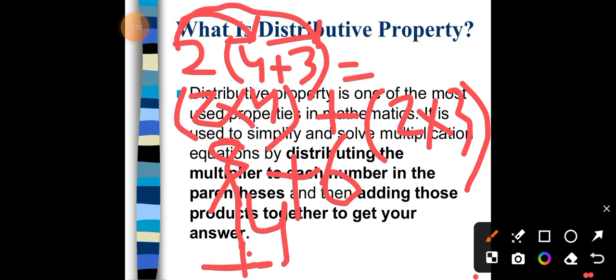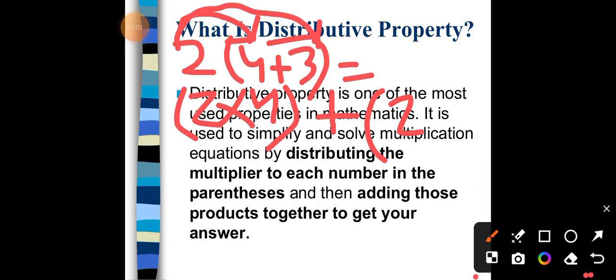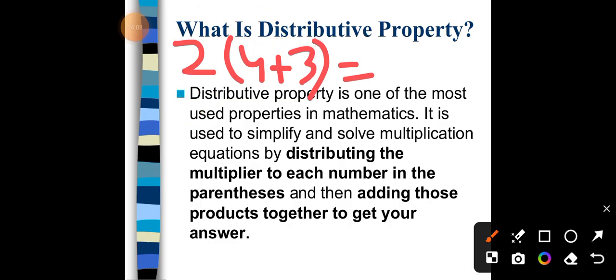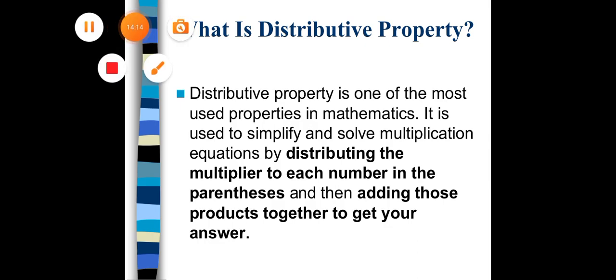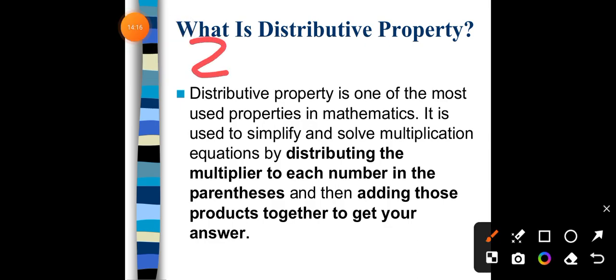The other way is not included, but for verification, if you want to do it, you can do that step as well. Here I wrote 2 times 4 plus 3.